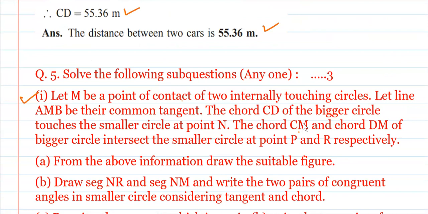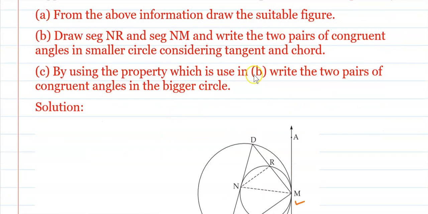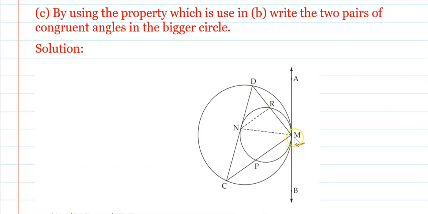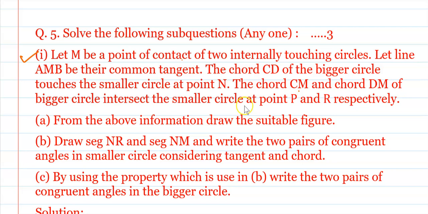Next, the chord CD of the bigger circle touches the smaller circle at point N. Now the next, the chord CM and the chord DM of the bigger circle intersect the smaller circle at points P and R respectively.